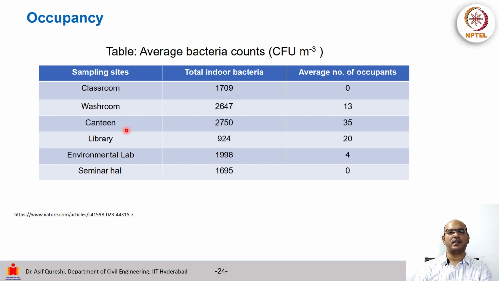Likewise, they were higher in the canteen area, where 35 inhabitants were there. In the library, the concentrations were lower, and then in the lab there were concentrations. In the seminar hall, the concentrations were also about 1695, quite close to the concentration in the classroom, even when there was no inhabitant in the seminar hall.